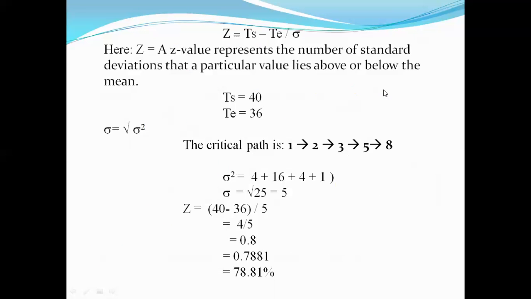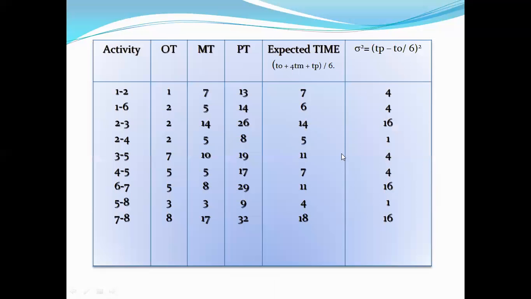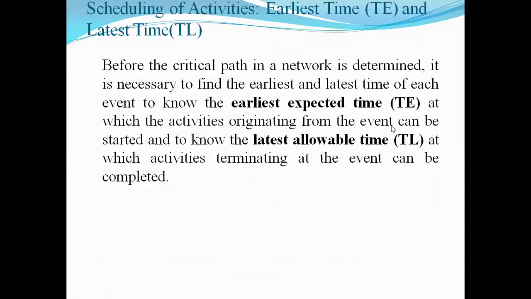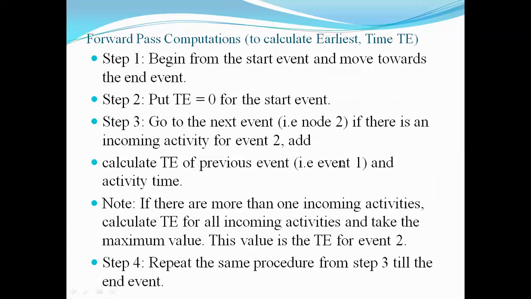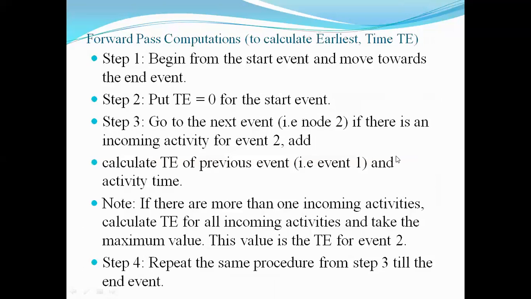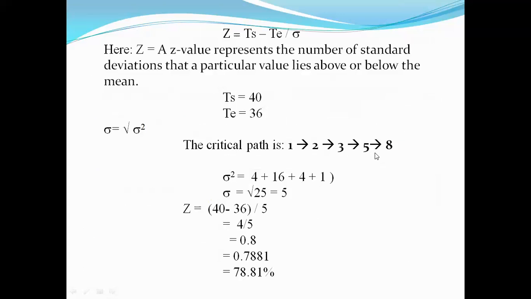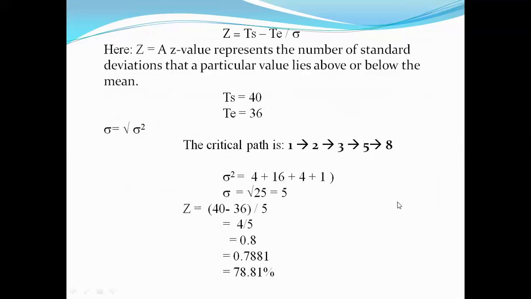For 2 to 3 it is 16. Similarly, for 3 to 5 it is 4. For 5 to 8 it is 1. So sigma is equal to the square root of 25, which is 5.